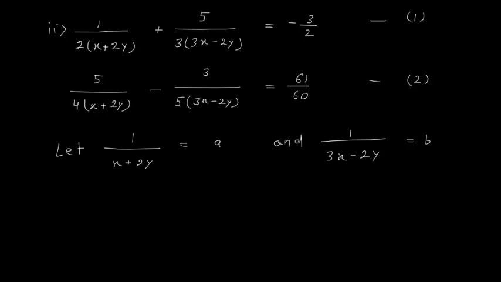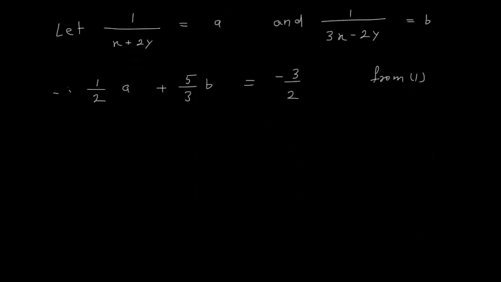So my equations will become, therefore I have 1 upon 2a plus 5 upon 3b equal to minus 3 upon 2. This is from 1. Now better I multiply by 6 on both the sides.